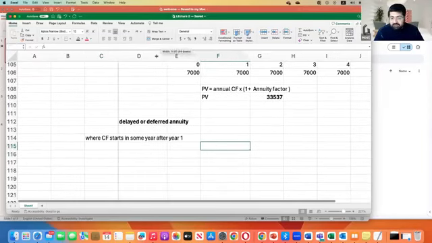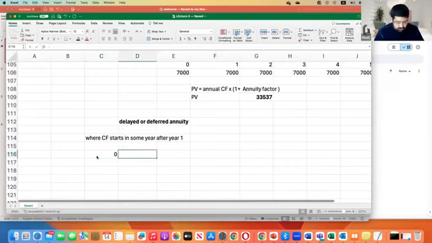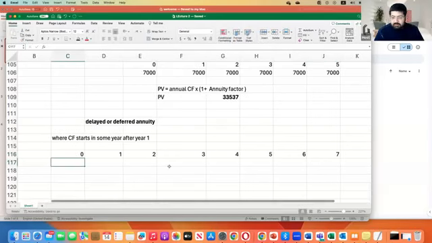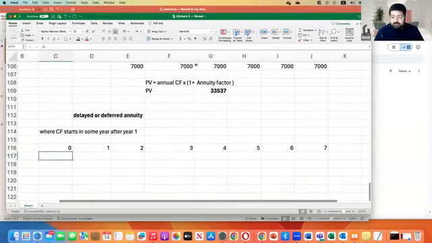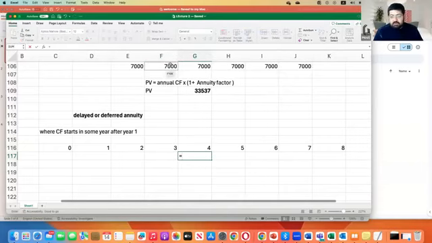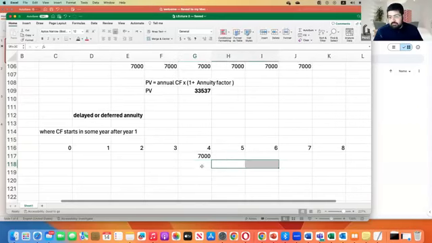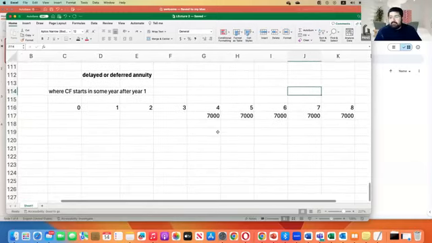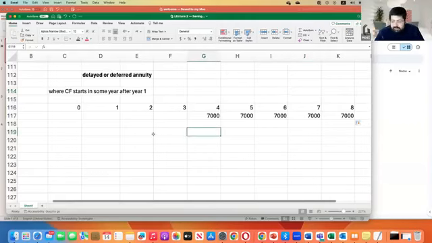So for example, we talk about year 0, 1, 2, 3, 4, 5, 6, 7, and 8. For example, cash flows are starting from year 4. Now, this is a delayed or deferred annuity.